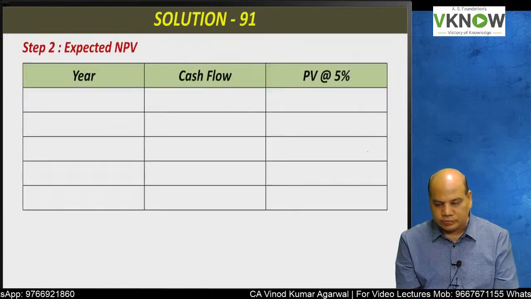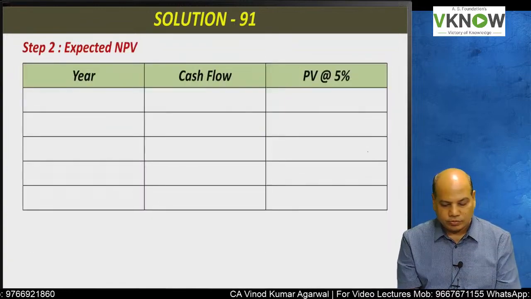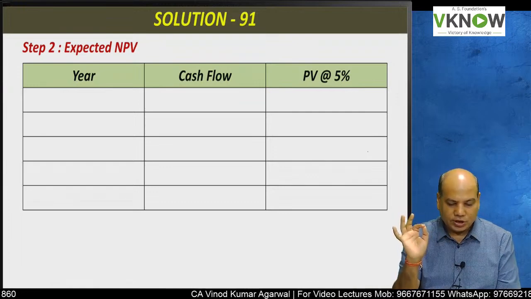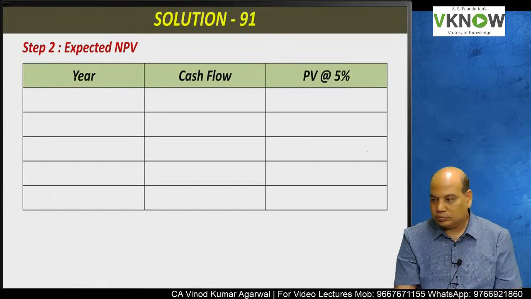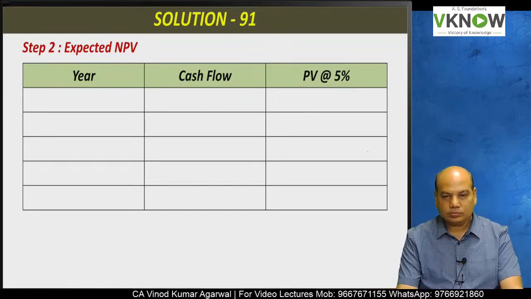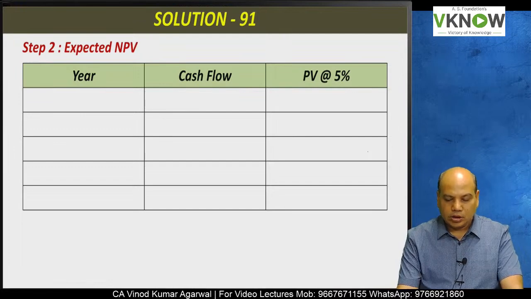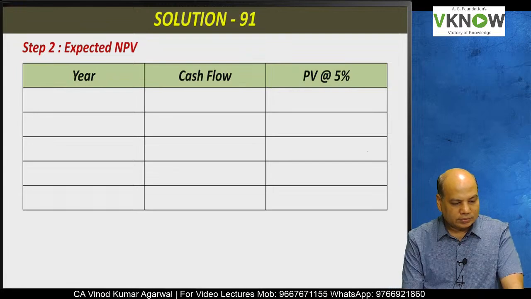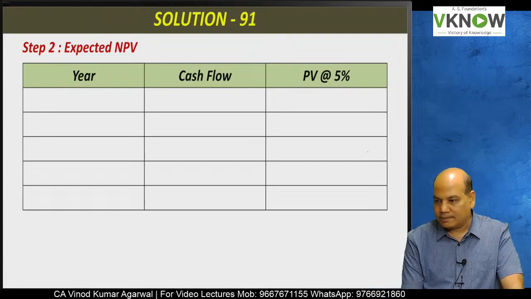Now write down our step 2. Step 1 is in the book only, to save time. Step 2: expected NPV. Year, cash flow, present value at the rate of 5%.